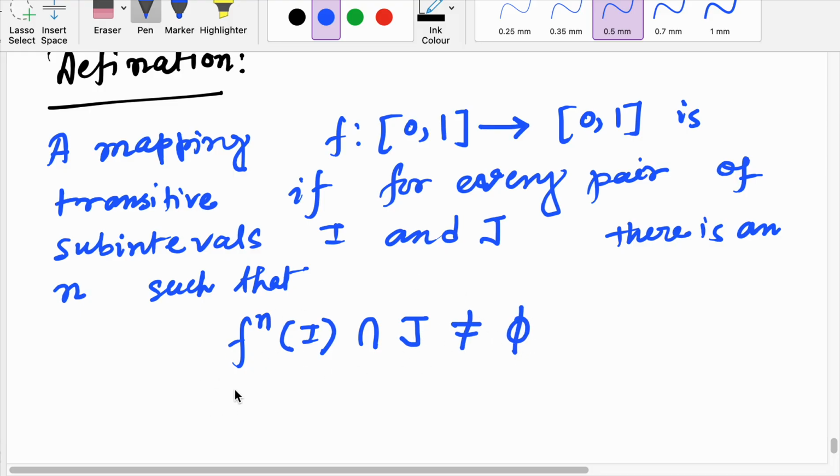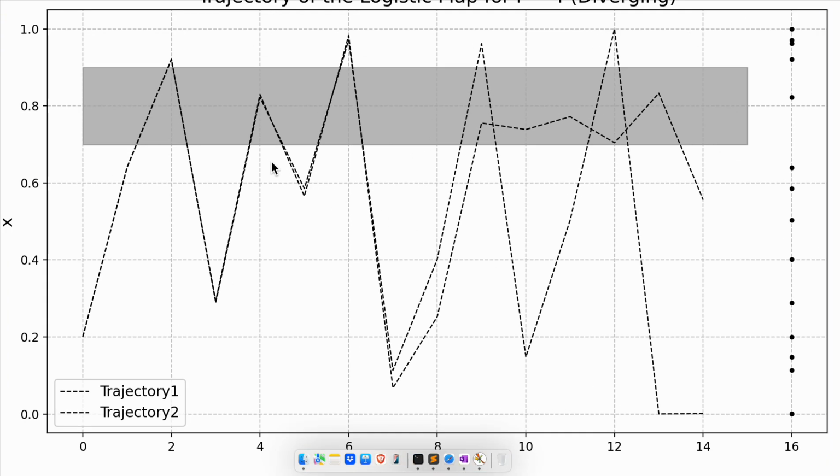That means the intersection exists, that f^n(I) and J intersect at some point. And in our previous example we have seen that this intersection happens at n equal to 4.